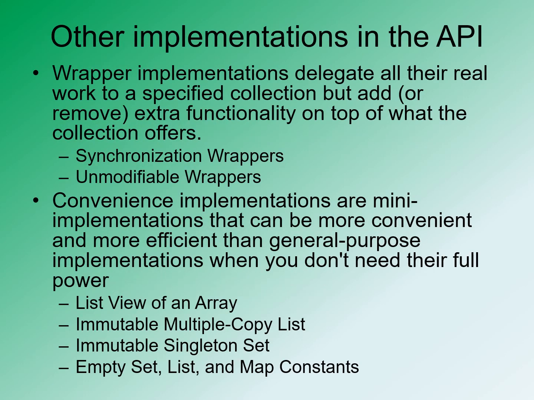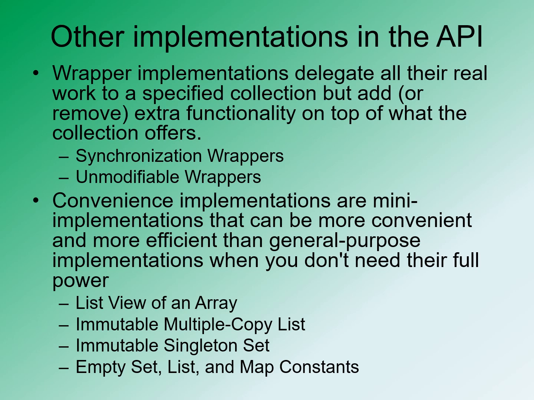Other implementations in the API: wrapper implementations delegate all the real work to a specified collection, but add or remove extra functionality on top of what the collection offers, like synchronization wrappers and unmodifiable wrappers.